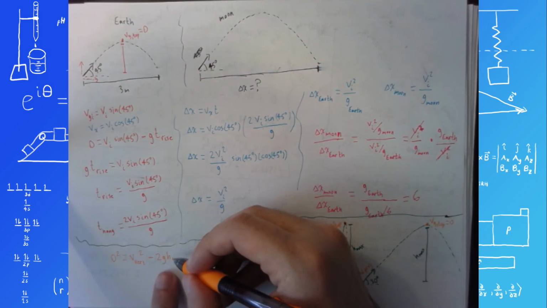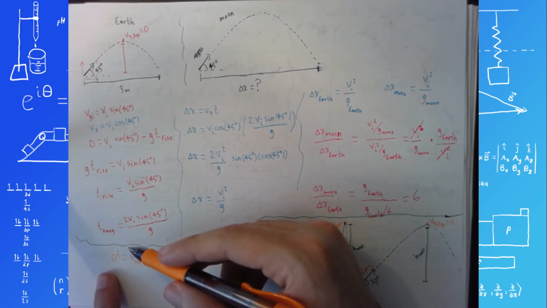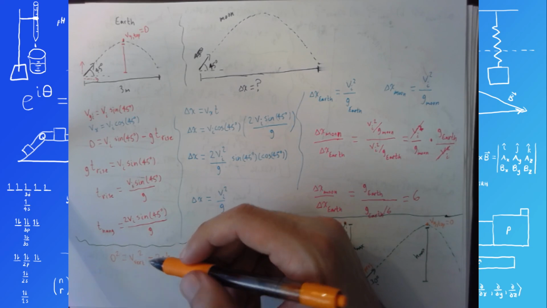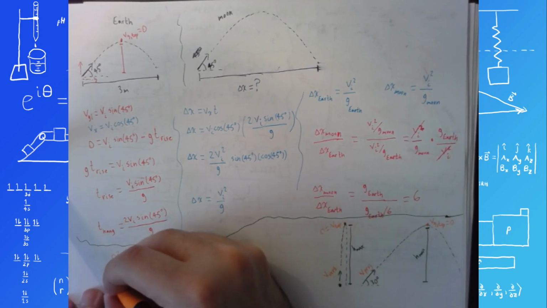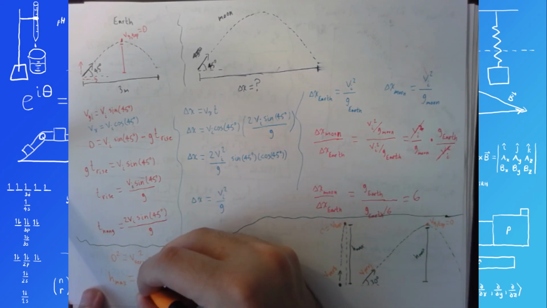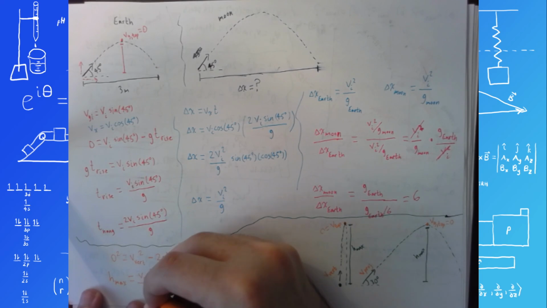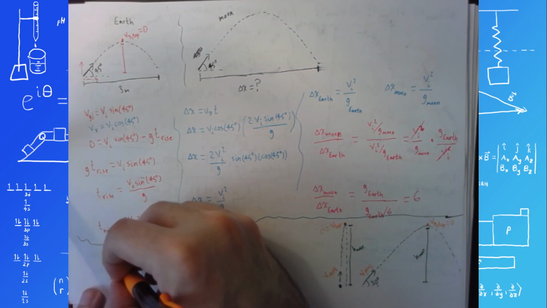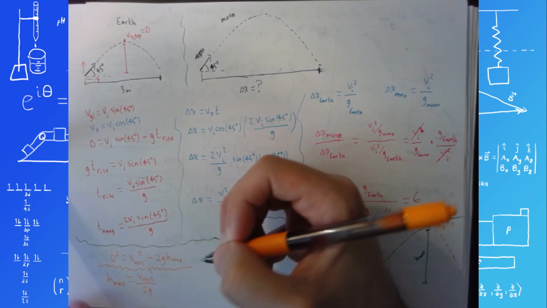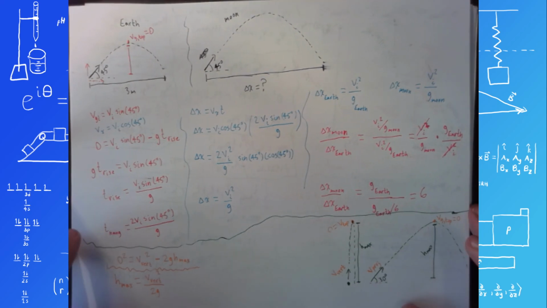So I'm going to go ahead and solve this for h max, add 2g h max to the left hand side, and then divide by 2g, and that would give me h max equals v vert squared over 2g.